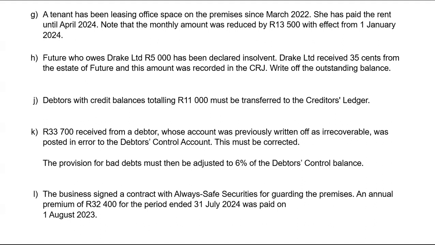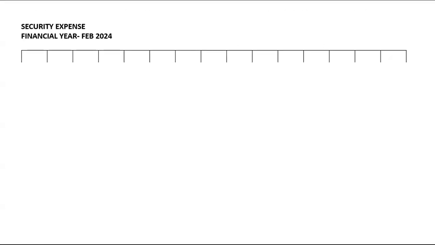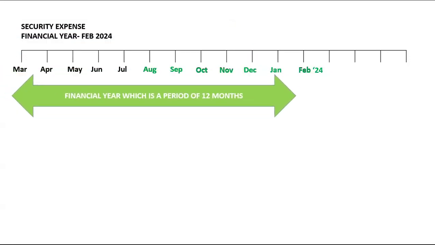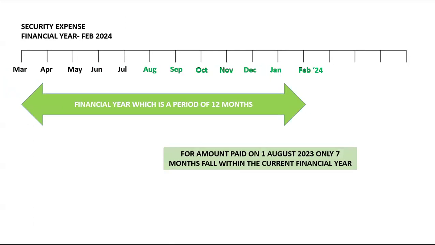This is pretty much the same as insurance. The key dates will be the beginning of the year, the end of the year, as well as the 1st of August 2023, which is during the year, and the 31st of July 2024, which is outside the year. They only gave us the date, and I know that from August until February, those amounts are in our reporting period.